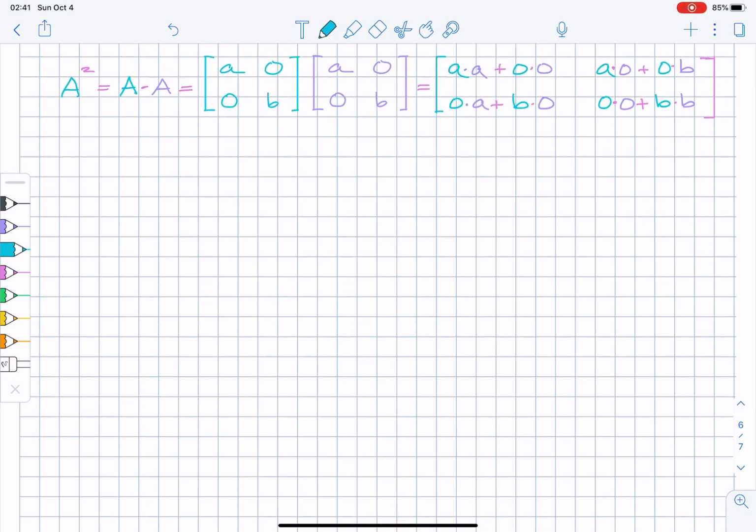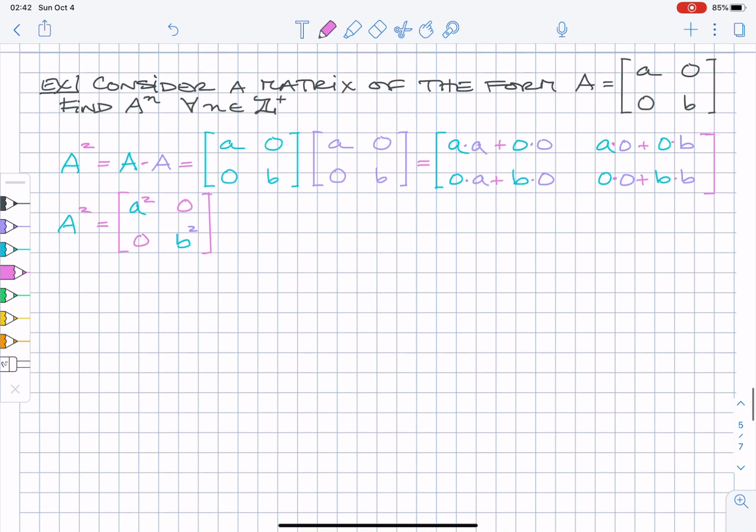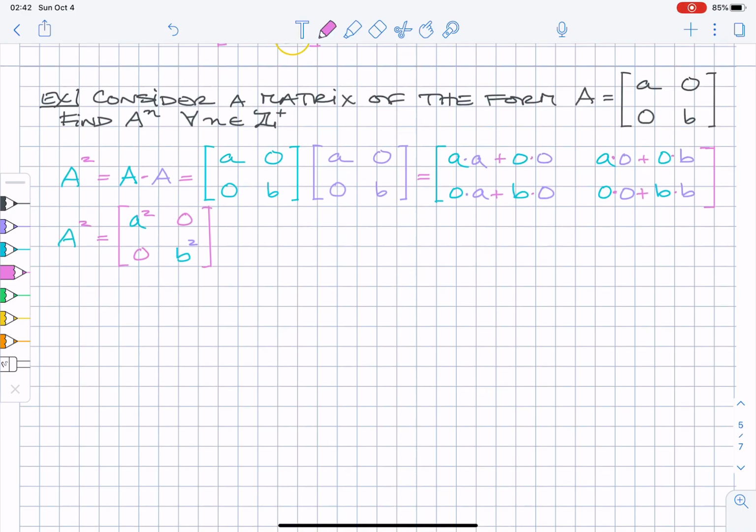We get that A squared is equal to [A squared, 0; 0, B squared]. Okay, so that's what we get for A squared.